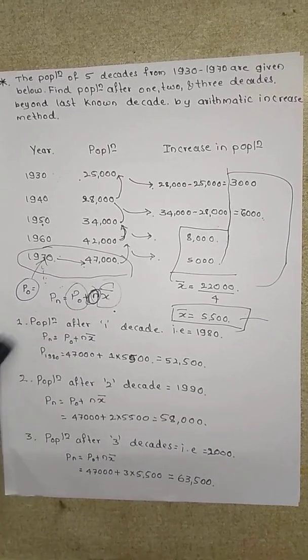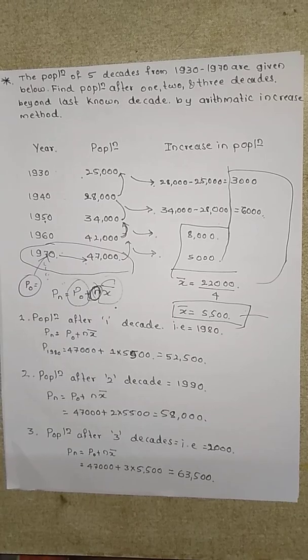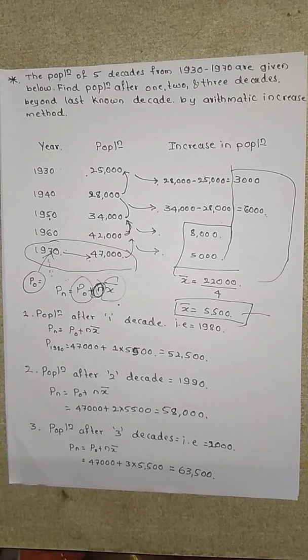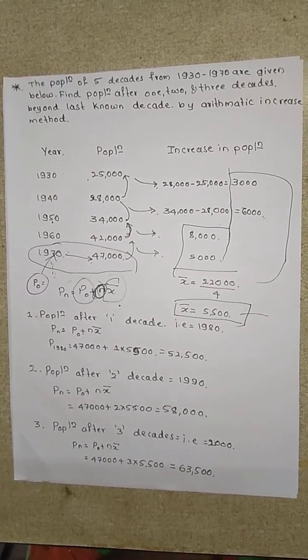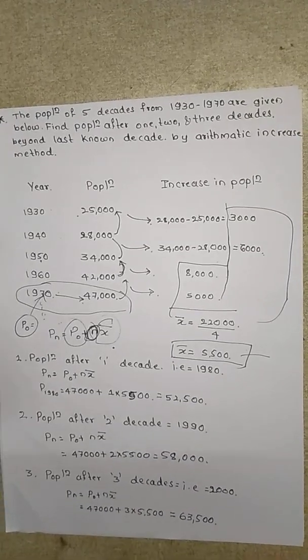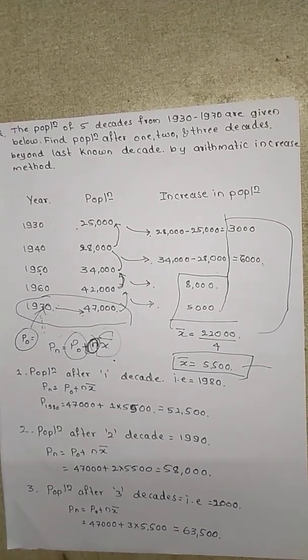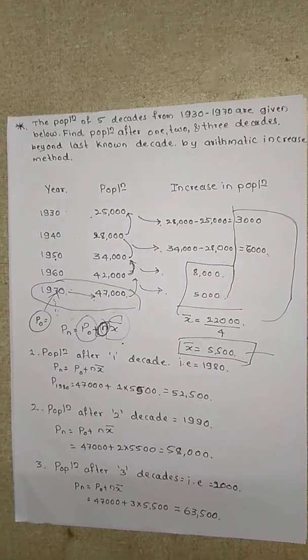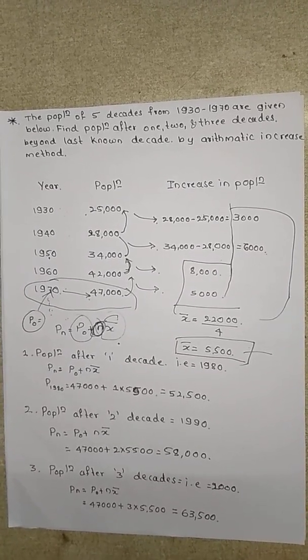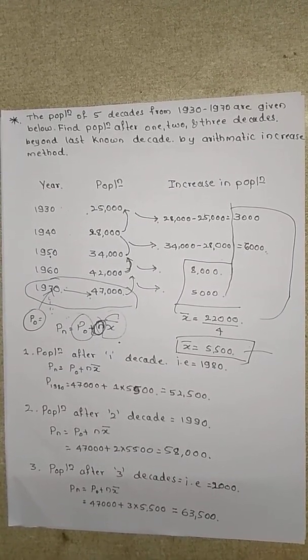See, you need not do all these steps. If they ask to determine the population in the year 2060 also, from this particular data you can directly determine. So 2060, 2050, 2040, you can directly determine by just putting the N value.